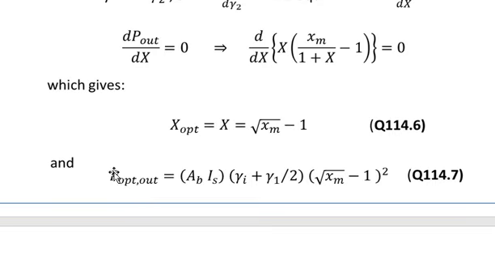That is, the optimum output power will become equal to AP times IS times gamma I plus gamma 1 divided by 2, and then we have this extra term, which is obtained when equation number 6 was used in equation number 5. We obtained this term, which is the square root of XM minus 1. And you know that this expression will give you the optimum value of the output power, of course, from the mirror 2.